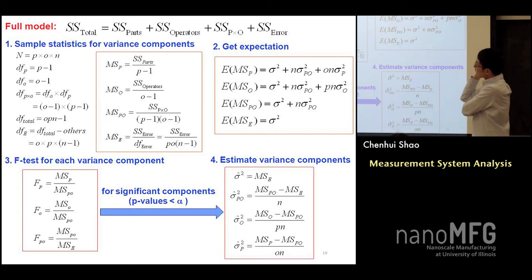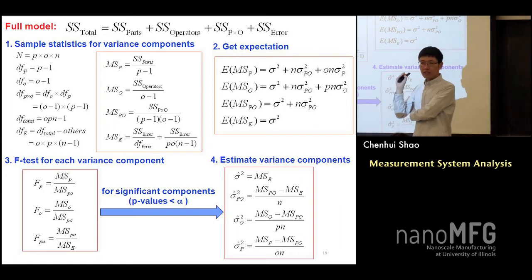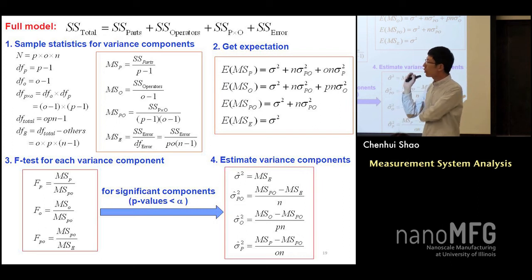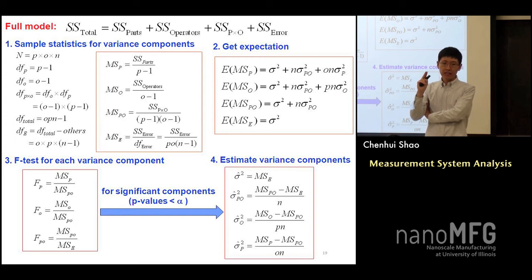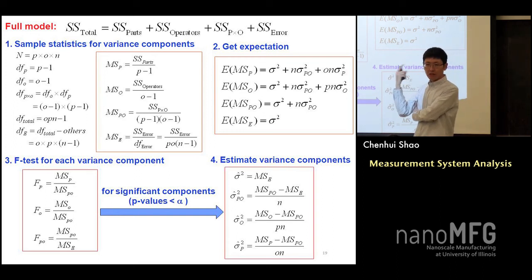We have the degrees of freedom for all of them. First of all, we have the total number of experiments, which is the product of P, O, and N. P is the number of parts, O is the number of operators, and N is the number of repeated experiments. That is the total degrees of freedom in this experiment.